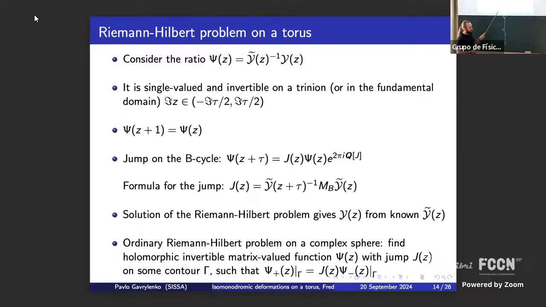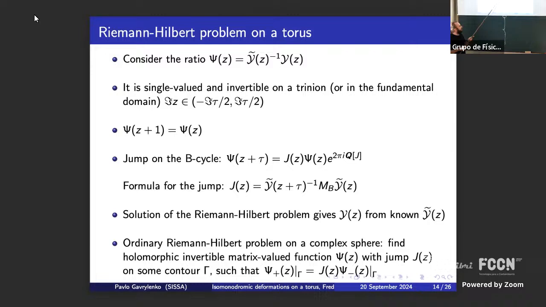And the jump matrix is given by the ratio of the solution of this three-point problem close to plus infinity and close to minus infinity. So it is this formula.